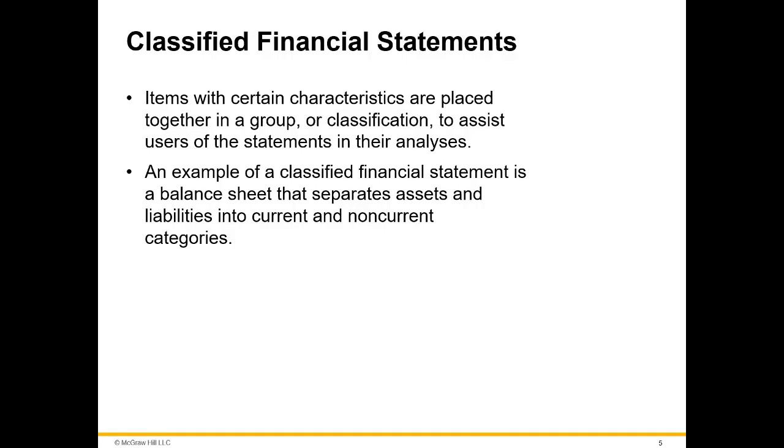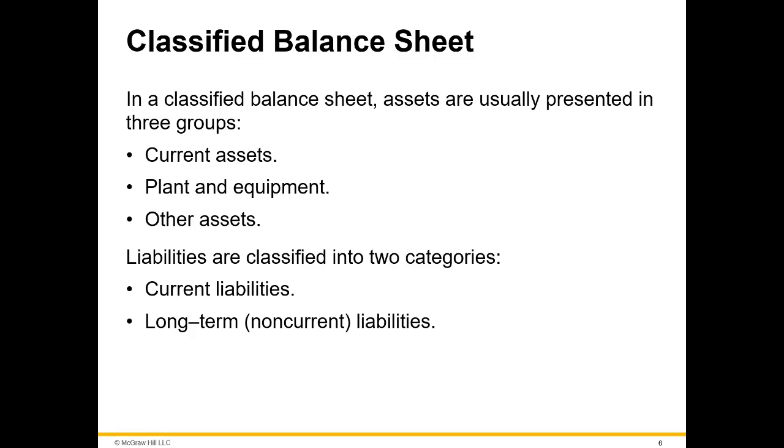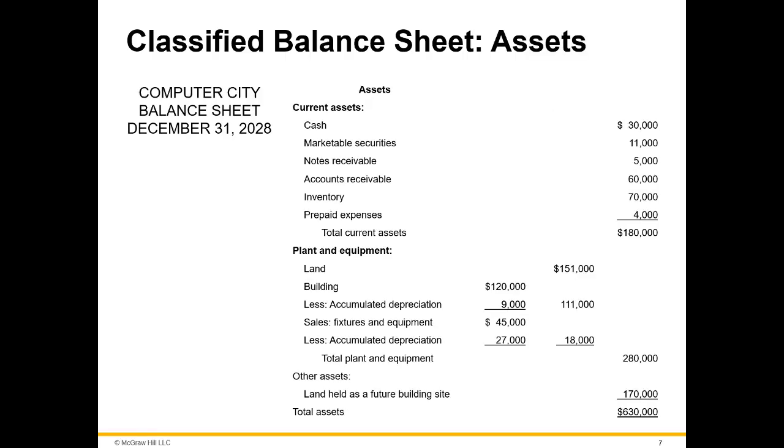And we note that classified financial statements, especially the balance sheet, separates assets and liabilities into current and non-current categories. So in a classified balance sheet, assets are usually presented in three groups: current assets, plant and equipment, other assets. As well, liabilities are classified into two groupings: current and non-current or long-term liabilities.